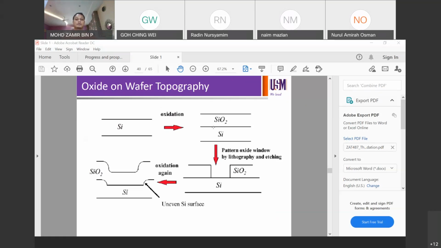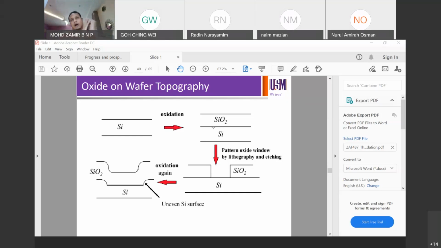Since we have obtained a blanket SiO2, I mean the whole surface, on the top surface, some processes after that might require patterns to be present on the surface. Therefore you have to do the patterning.